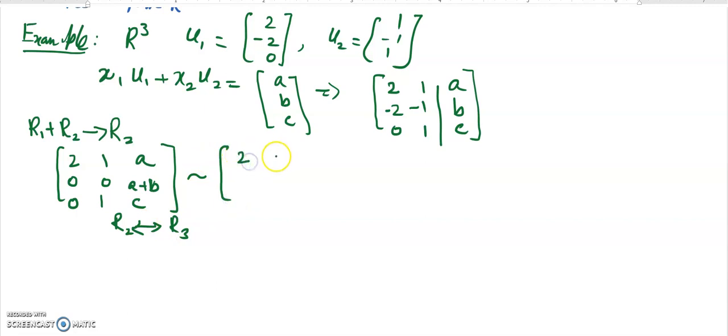So it is 2, 1, A, and then 0, 1, C, and then 0, 0, A plus B.